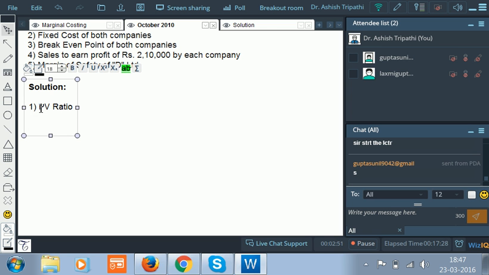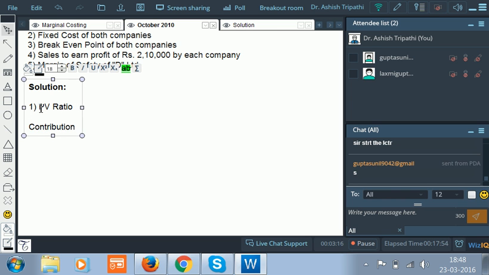But if you see the question, contribution is not given. So first we will have to calculate the contribution of both companies, because we have sales but we don't have contribution. So let us calculate contribution first. Now how will you be able to calculate contribution?